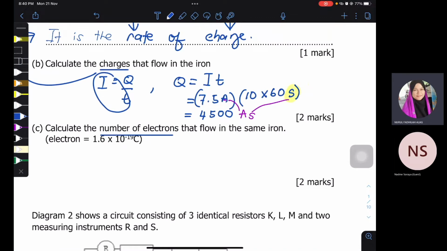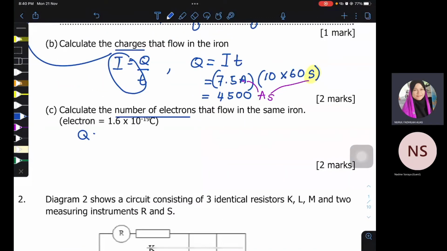So we have to know it. Number of electrons, we have one formula, Q equals NE. What's Q? Q is the symbol for charge. N is the number of electrons.